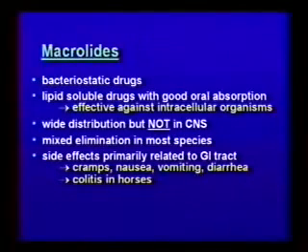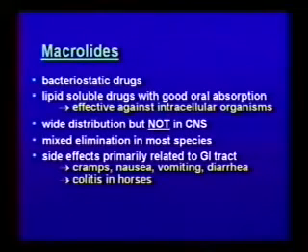They distribute very well throughout the body because of this high lipid solubility, but they generally do not get into the brain or CNS very well. So again, the CNS is very protective against the entry of a wide variety of the antibiotic drugs.